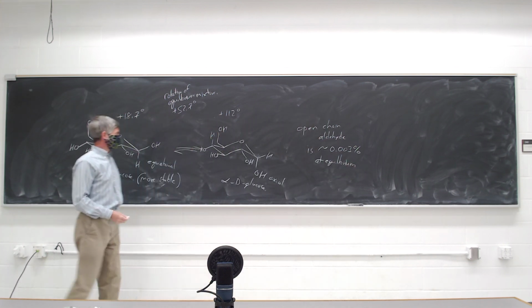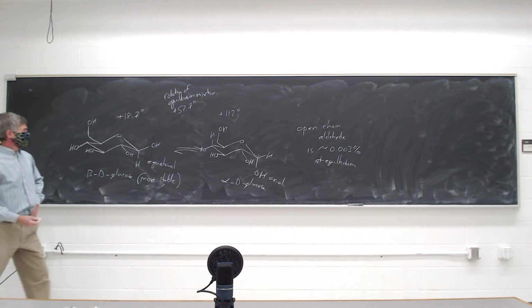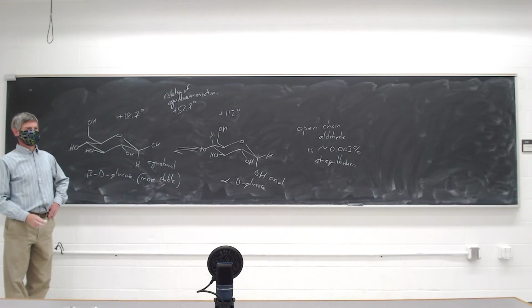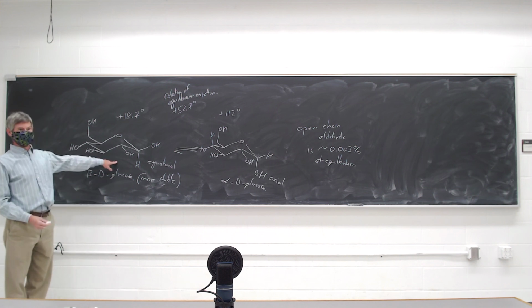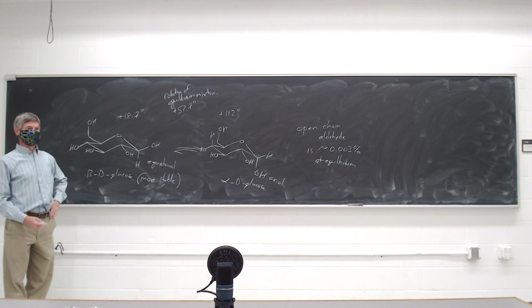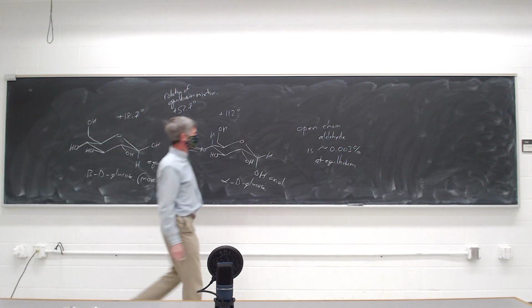Almost all of that sugar exists in one of these two 6-membered ring cyclic hemiacetals. Which number is 52.7 closer to? 18 or 112? So it's definitely going to be that one that's major, right? But can we determine the ratio? Yes, obviously we can.